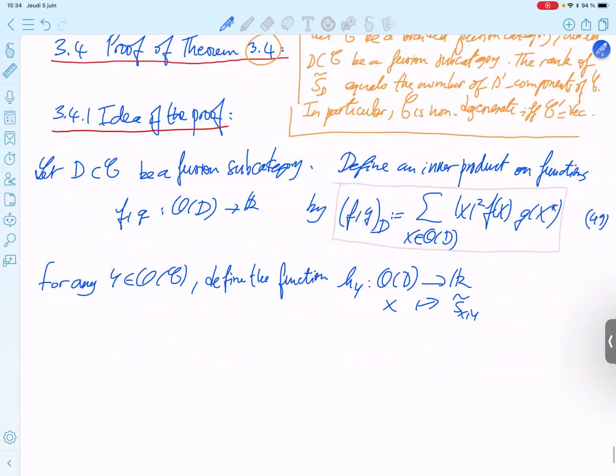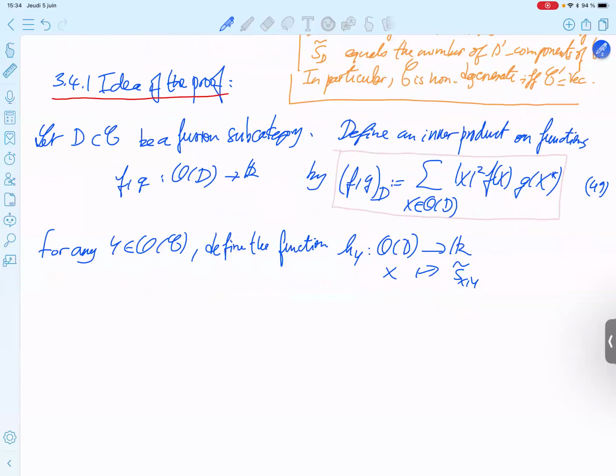Here you want to briefly recall the definition of the equivalence relation.